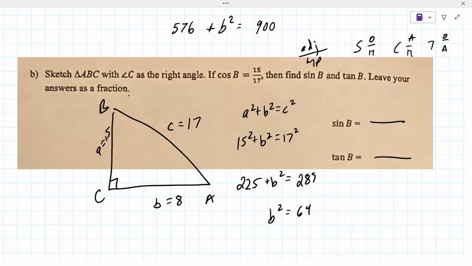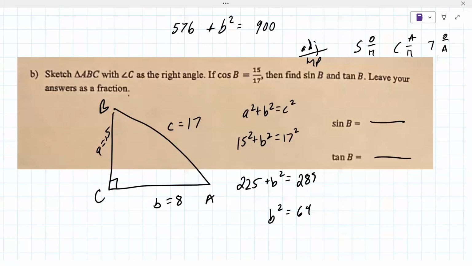Okay, so if it's going to be sine, sine is opposite over hypotenuse.